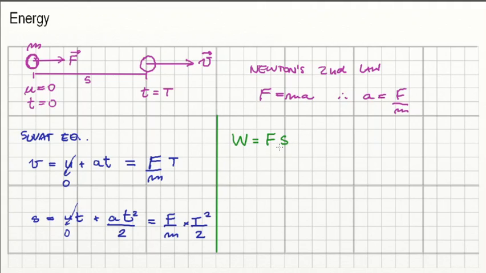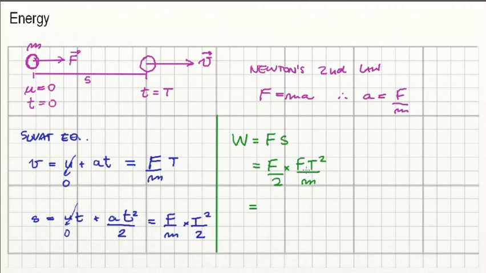So if I take the dot product between those two vectors, it's just going to be the product of their magnitudes. So it's the force multiplied by the displacement, which we have found here. So it's force again, T squared over 2m. Let's put a 2 here.